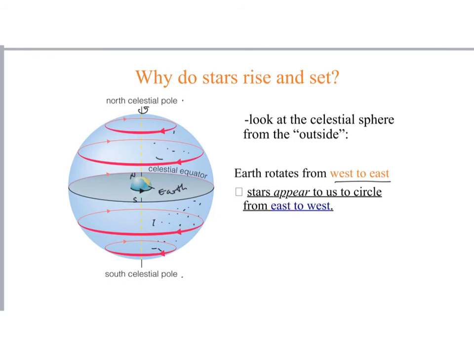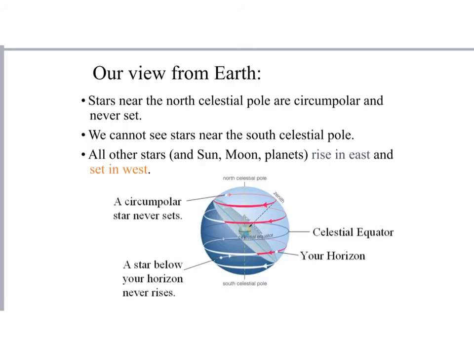Now of course it's going to depend on what you see and what things are circling what. It's going to depend on where on the surface of the Earth you are. For example, stars near the North Celestial Pole are also called circumpolar, and they are always going to be above the horizon. Look at this one.